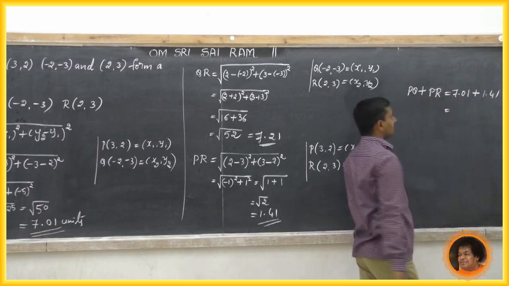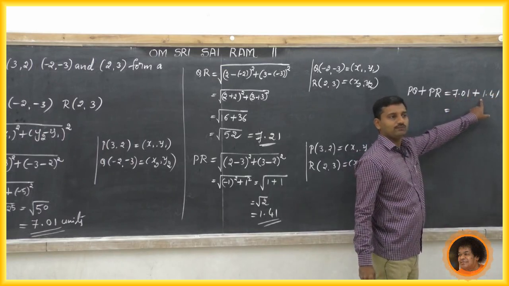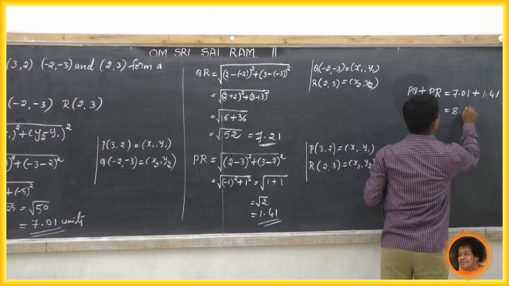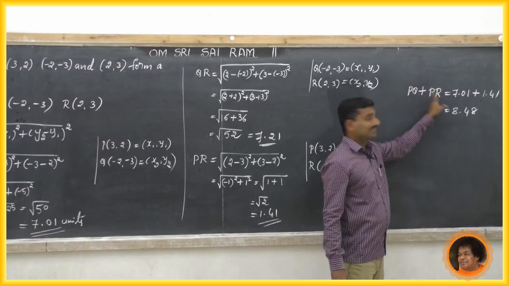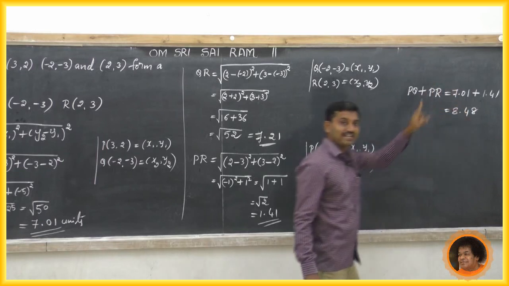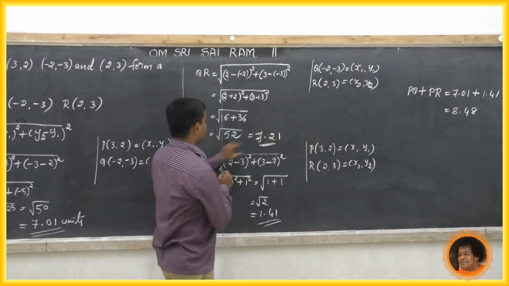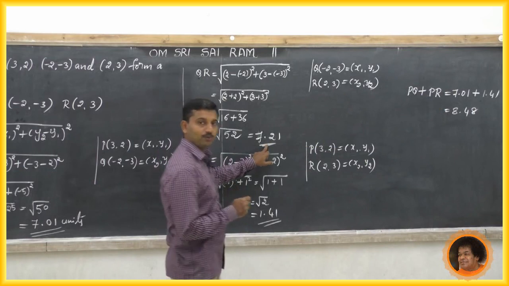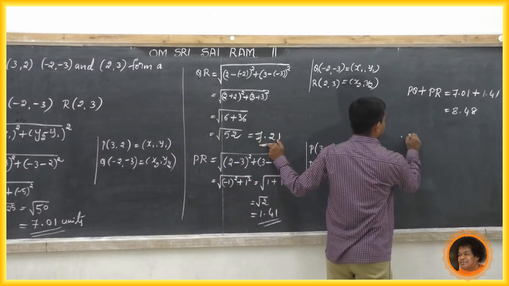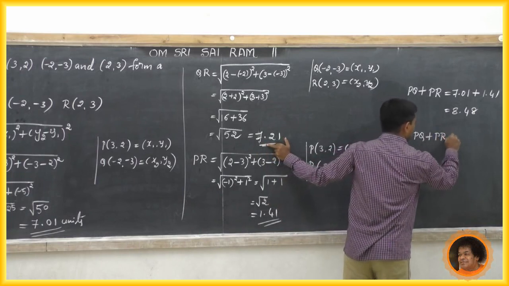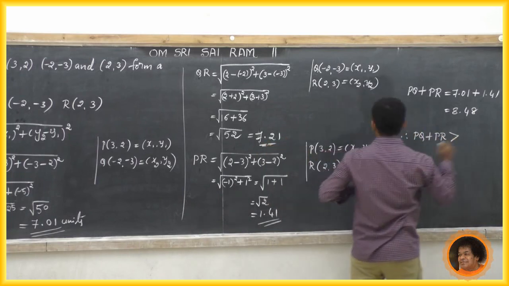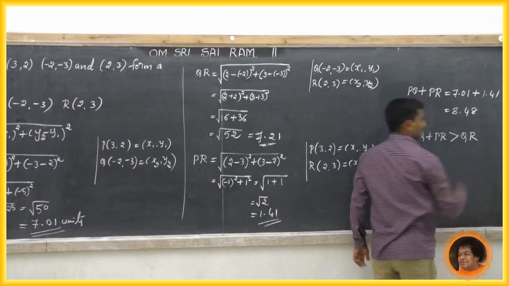So what is the sum? 7.01 plus 1.41, that is 8.48. The sum of any two distances is greater than the third distance. Which is the third distance? That is QR, 7.21. So therefore our conclusion: PQ plus PR is greater than QR.